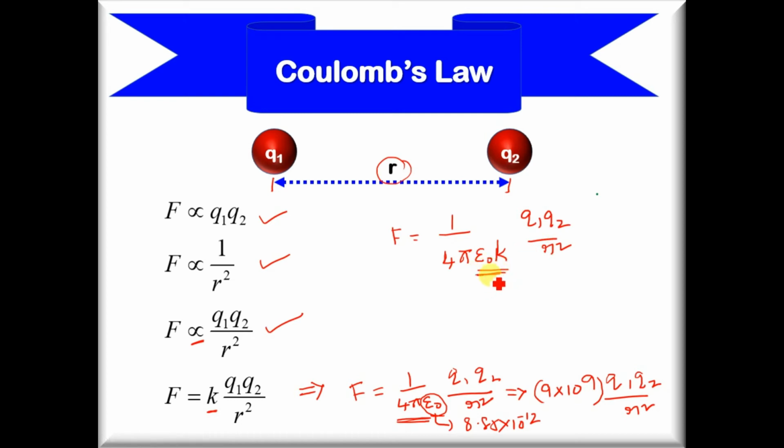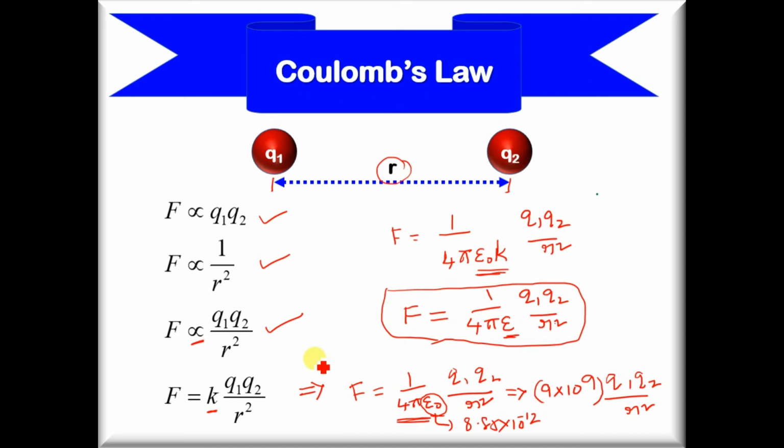So you can replace this epsilon naught k with a quantity epsilon, so then your equation will be transformed into 1 by 4 pi epsilon Q1 Q2 by R square. So here this epsilon is nothing but the permittivity of the medium which you are placing in between charges Q1 and Q2.